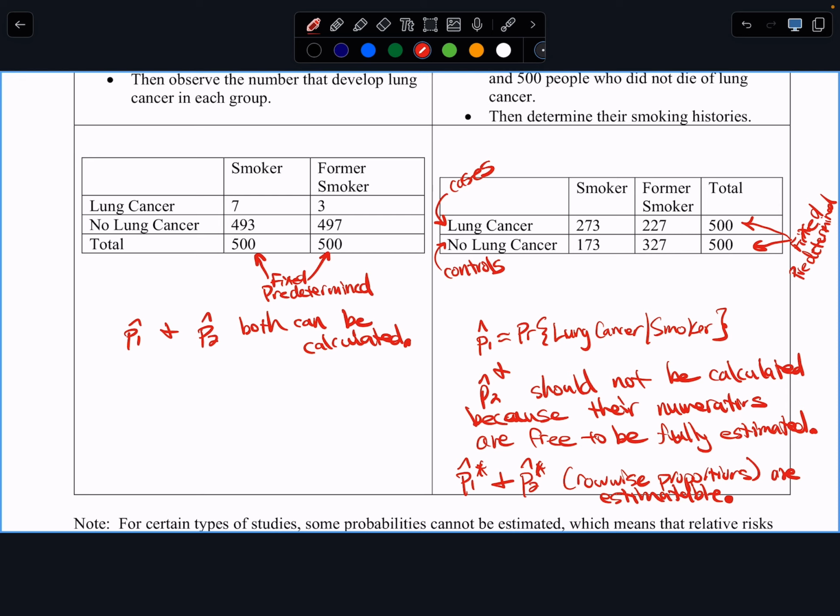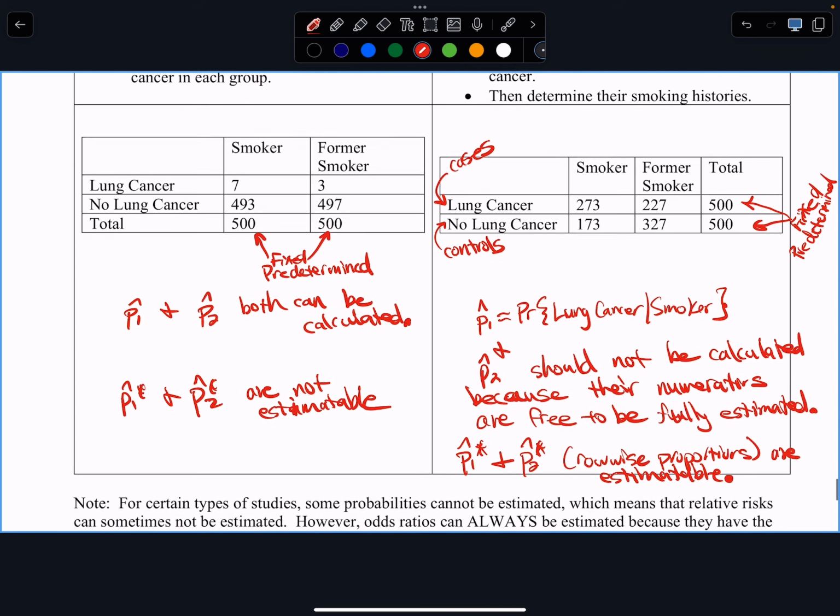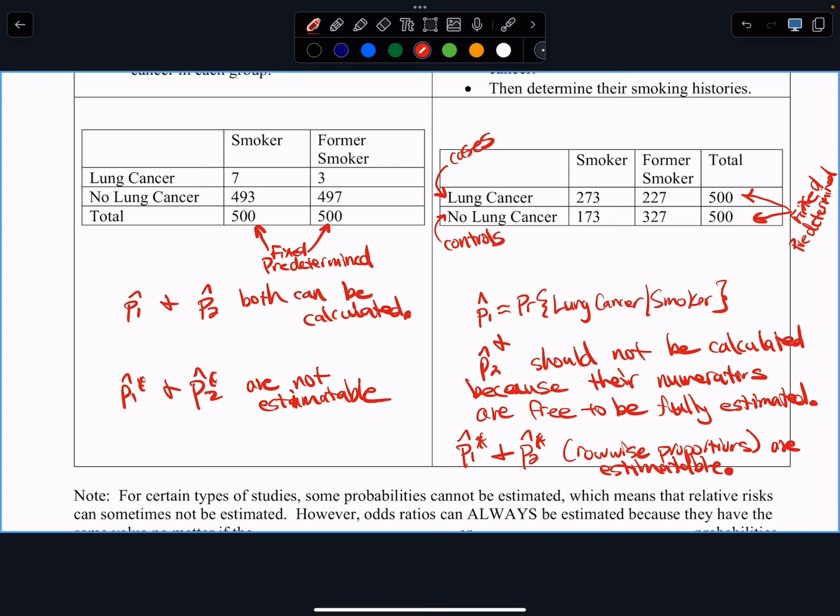And in this example, our column-wise proportions are estimable. But if we were to reorient our table, P1 hat star and P2 hat star are not estimable. I'm not sure if that's a word. It's probably estimable. All right, but there we go.